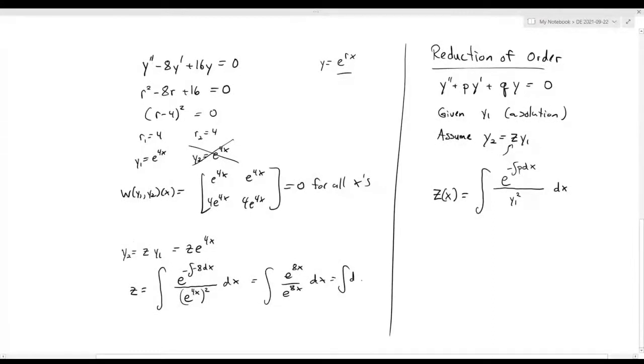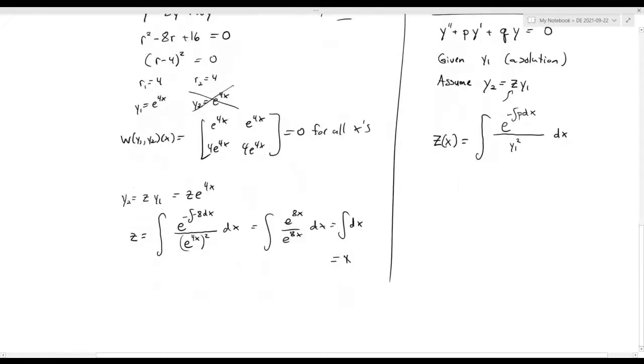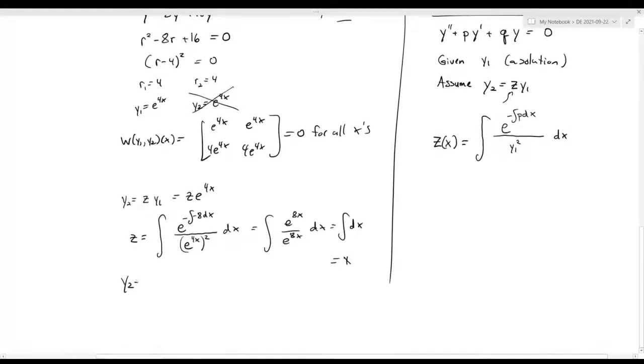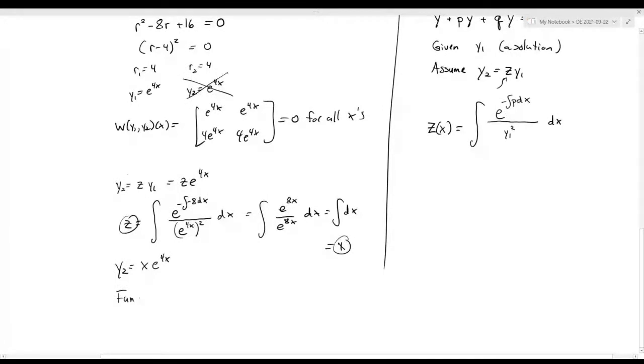So that's just the antiderivative of dx, so we get x. So it turns out that y2 is equal to z, which turned out just to be a very simple function of x, times y1. And this procedure also guarantees an independent solution, so we can check using the Wronskian. But now we have our fundamental solution set.